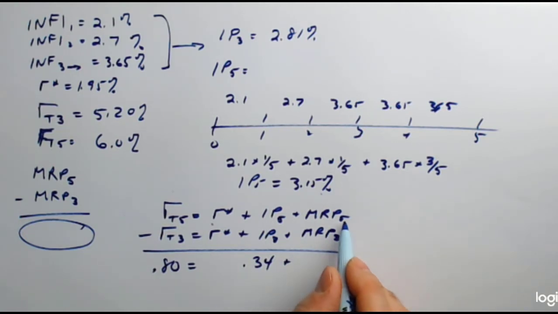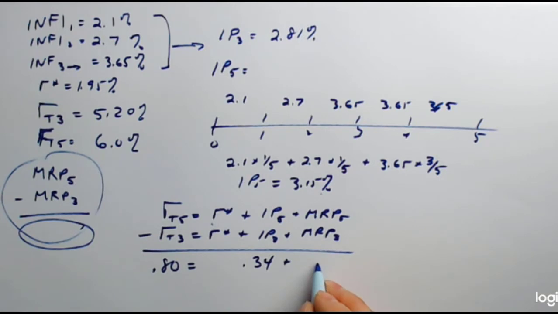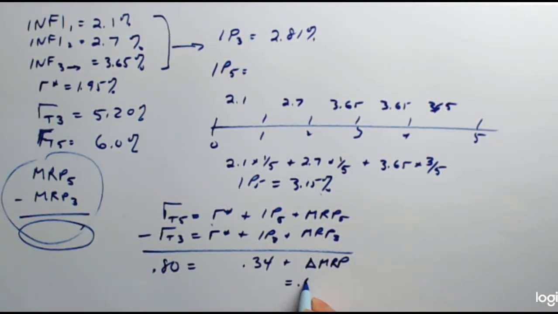And then the difference between these two, that's this guy right here, what we're solving for, I'll just call it change MRP. And that has to equal 0.46. And then the question: once you solve for that, that's what the problem's looking for. It's like, great, we solved it, but how do you know? How can you be sure and comfortable?